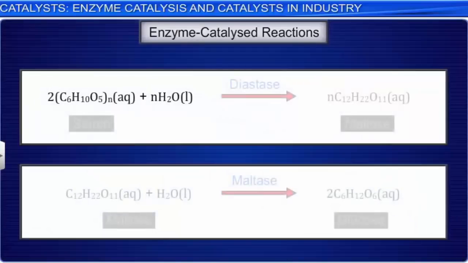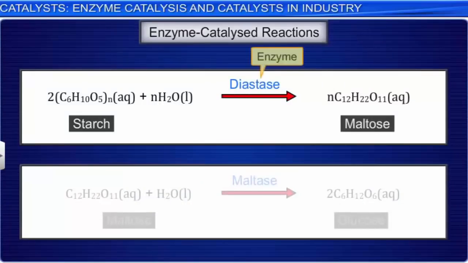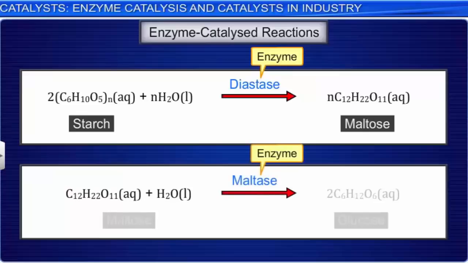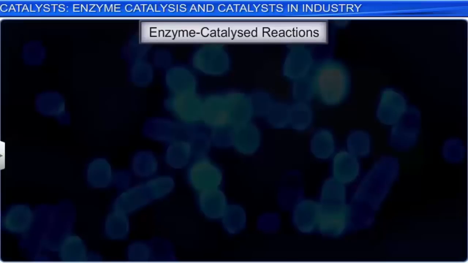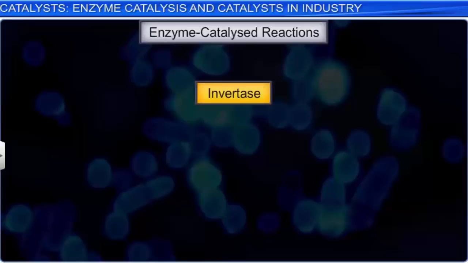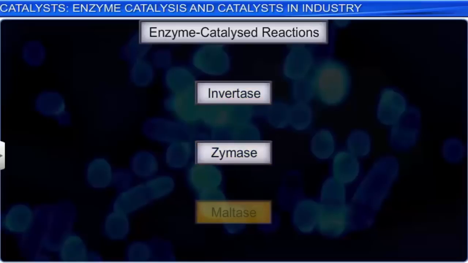Similarly, the conversion of starch into maltose is carried out with the enzyme diastase, which is extracted from malt. Another enzyme, maltase, converts maltose into glucose. All the enzymes, invertase, zymase, and maltase, are obtained from yeast.